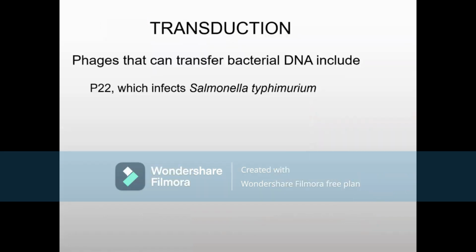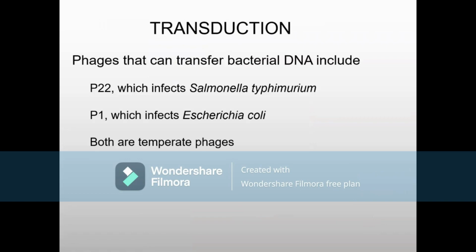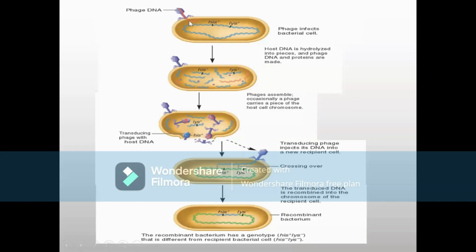So in the transduction study, which phages are taken? Phages that transfer DNA from the donor to the host. P22, which infects Salmonella typhimurium, gets adsorbed onto the host cell.